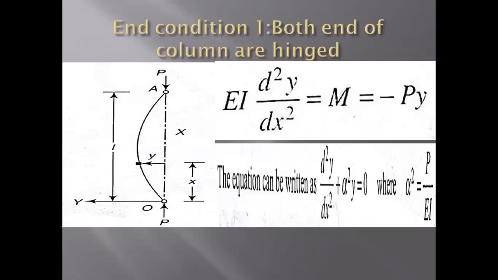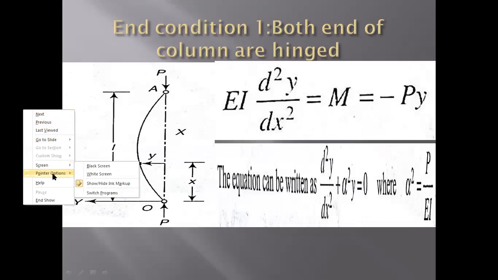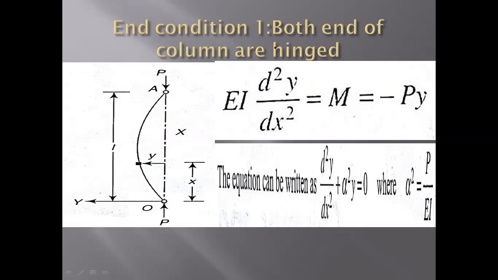Now I am discussing here the first end condition, that is both ends of the column are hinged. This is the first end condition. Both ends of the column are hinged. So if both ends are hinged, then there will be only one compressive load.